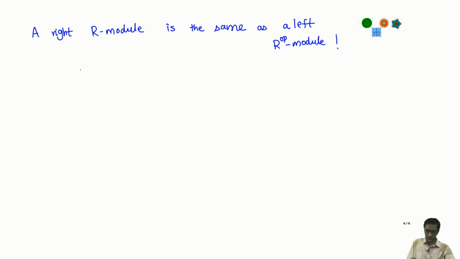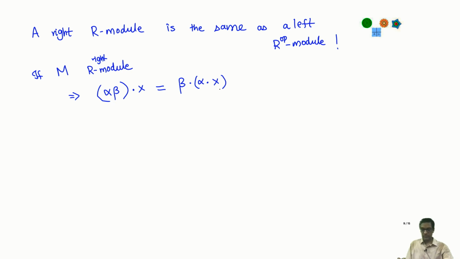Because if M is a right R module, let's look only at axiom 3, which is the key difference. If I take the product alpha beta and then act it on X, then the answer is just beta acting on alpha acting on X. So that's axiom 3 prime. This is what right modules satisfy.